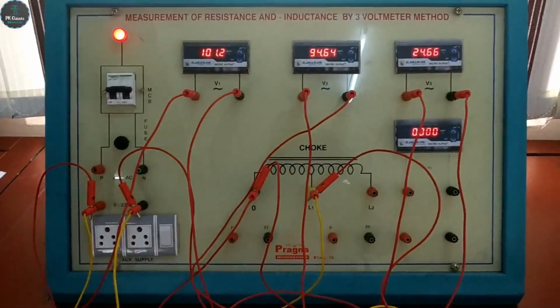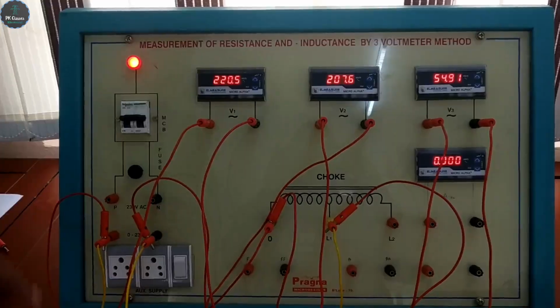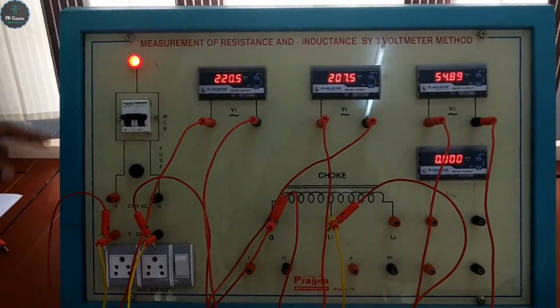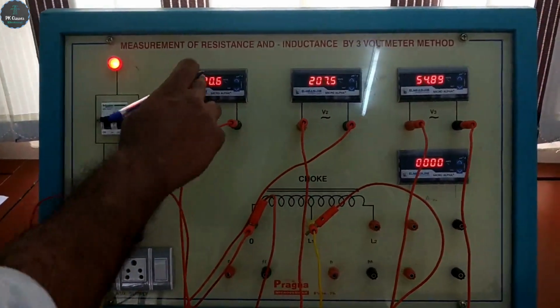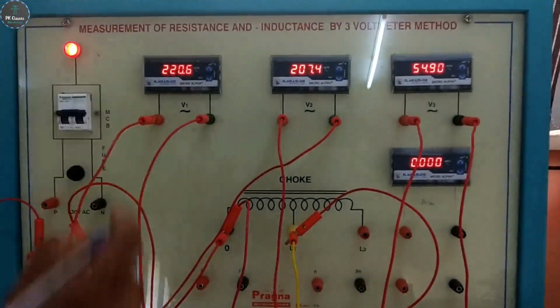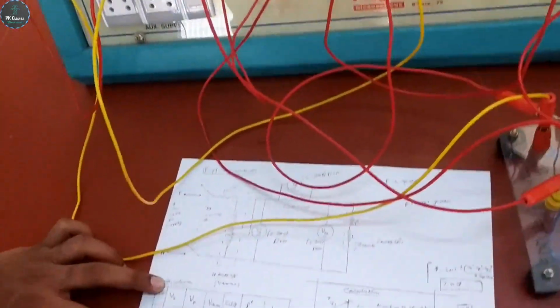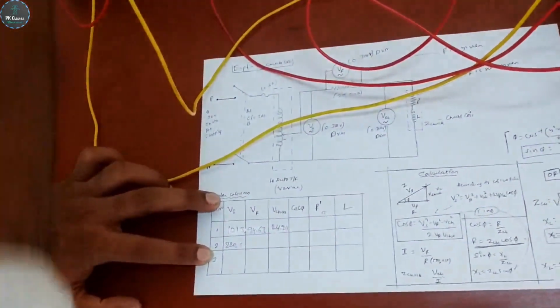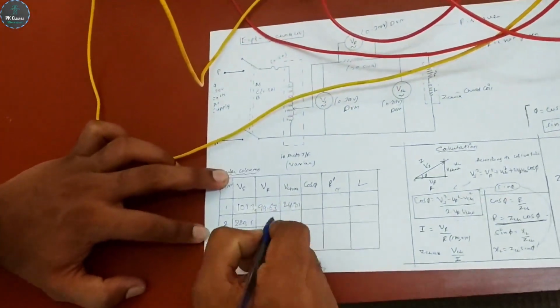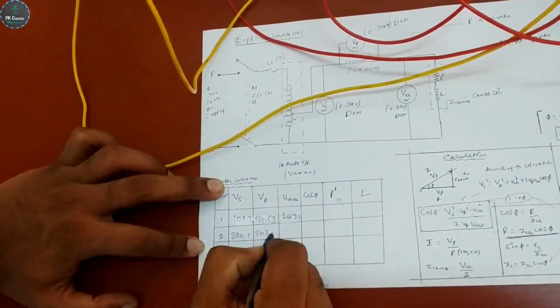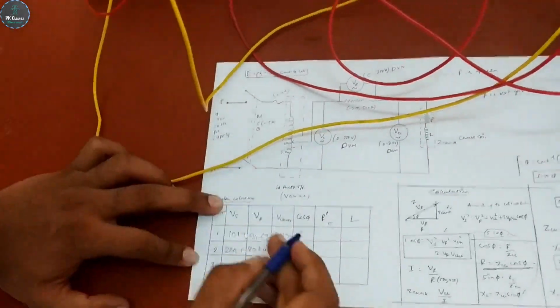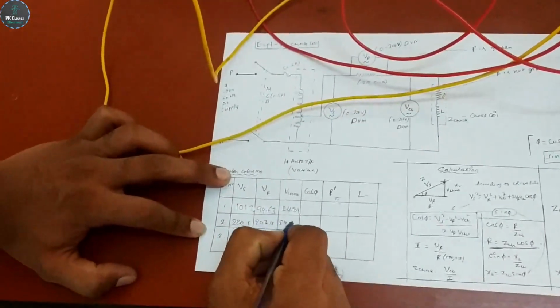I'll take another reading. Just I have given 220 volts supply. See here, you have to note down the readings. Supply voltage is 220, the voltmeter across the rheostat reads 207.4, and the voltage across the choke coil is 54.93.